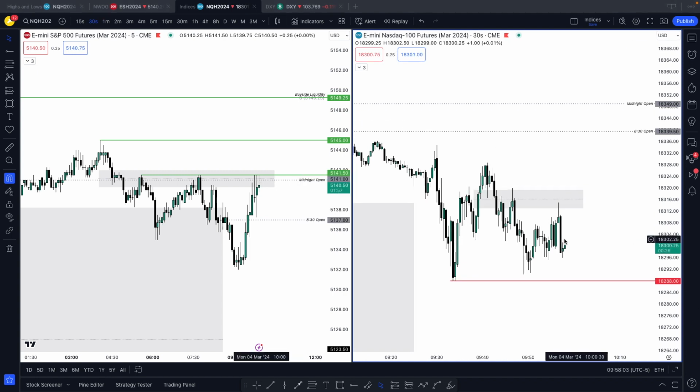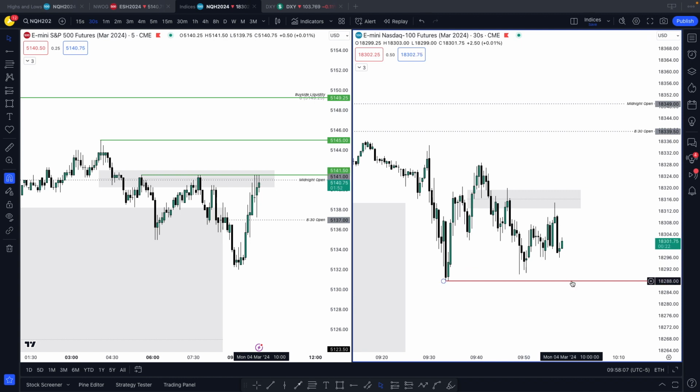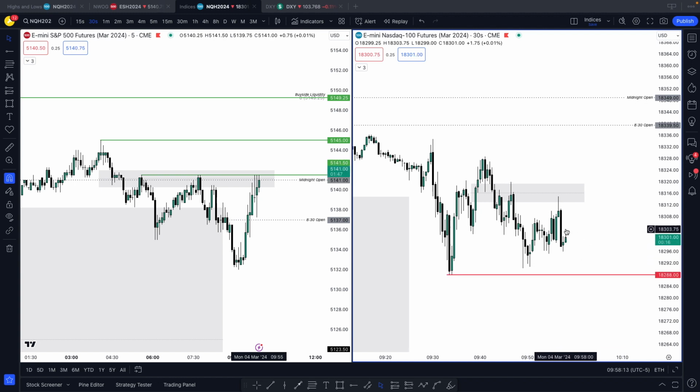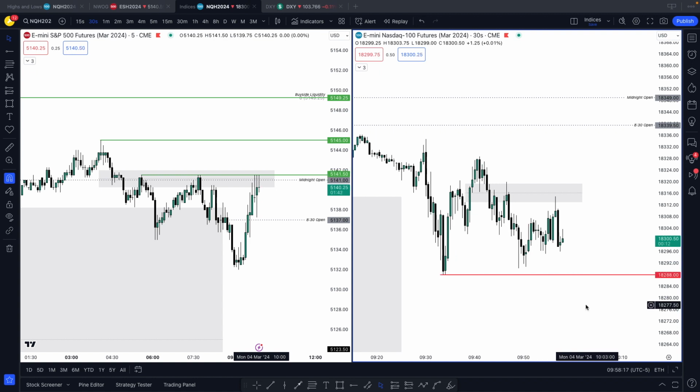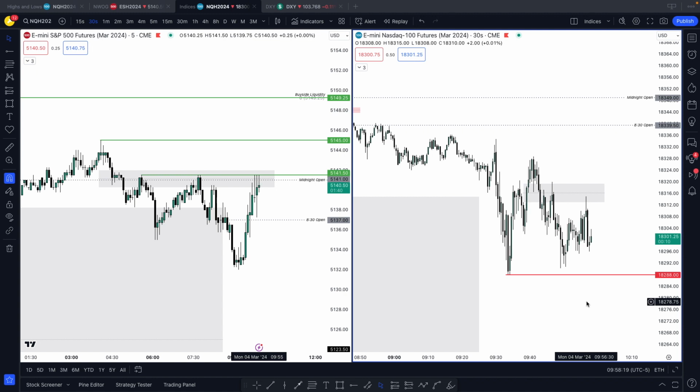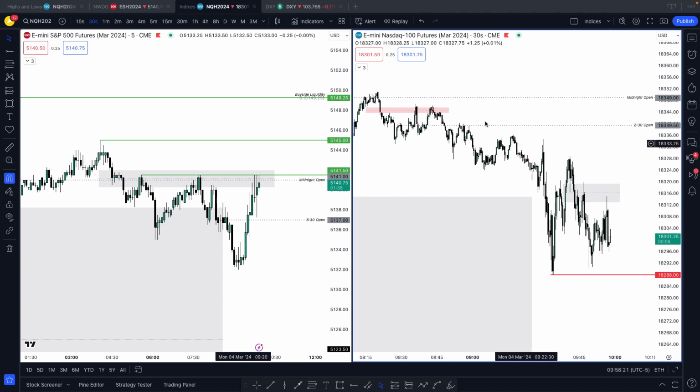I can offer you your 30-second model right there down into the sell side if this is going to continue drawing lower. But again, I'm not really interested in short opportunities at this point. Now that we're so far below the 8:30 and midnight opens.